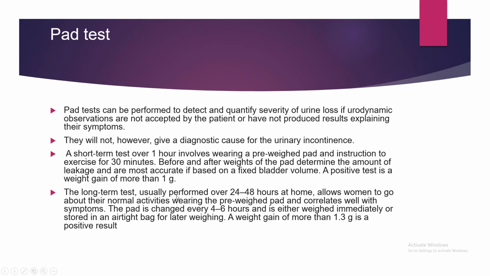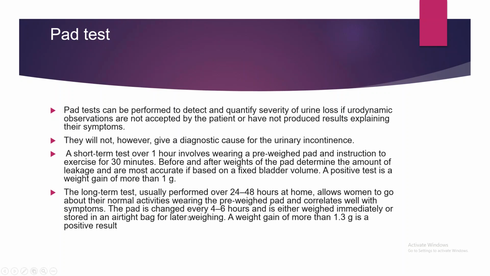In the long-term test, usually the patient is asked to go home. Over 24 to 48 hours, it will be measured, and we will ask the patient to do normal activities wearing a pre-weighed pad. And then we have to see whether the short-term pad test has not given any result. Then we can ask the patient to do this test at her home.